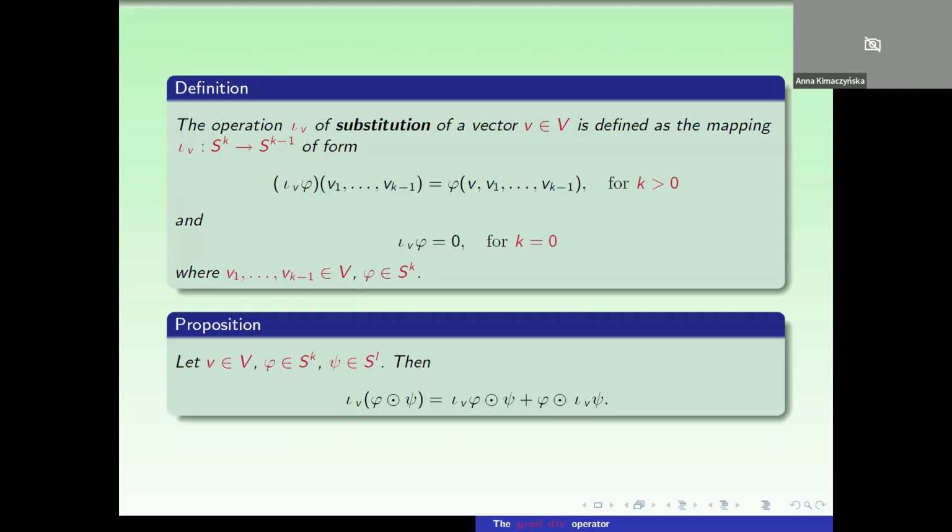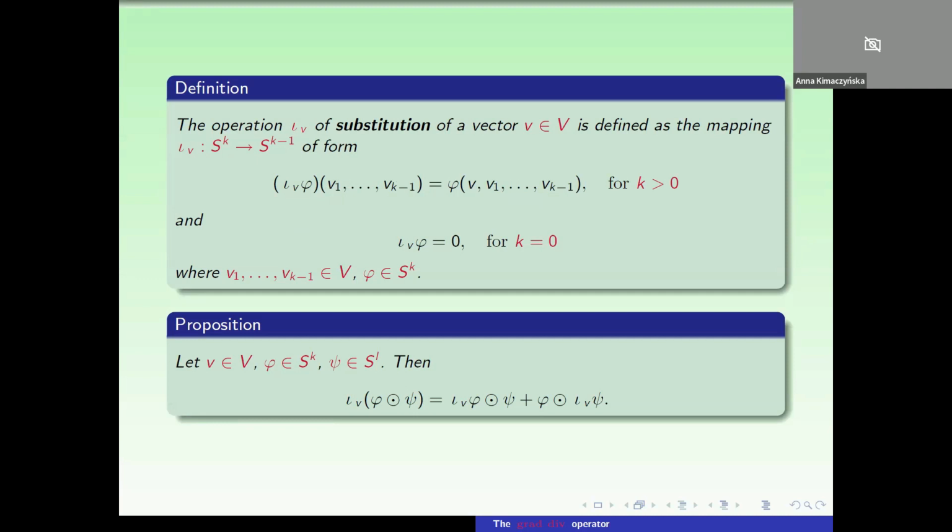The operation of substitution of a vector v is defined as the mapping from Sk to Sk-1. It is given by such equality. We put vector v in the first place, if k is more than 0; if k is 0, it is 0.